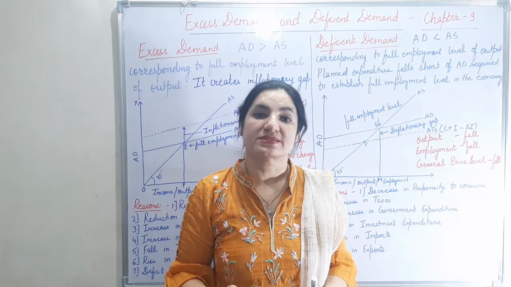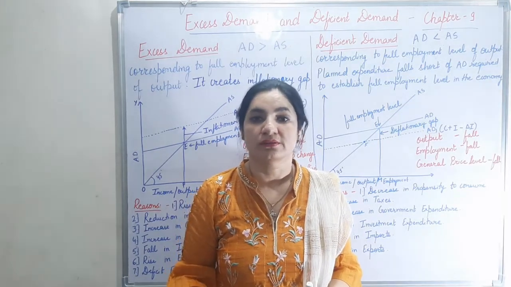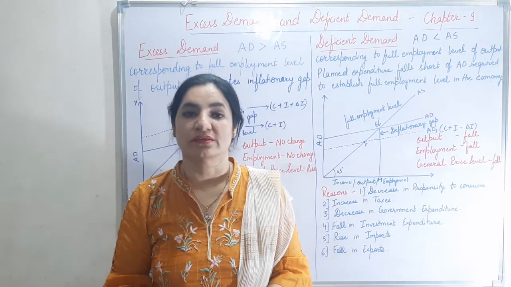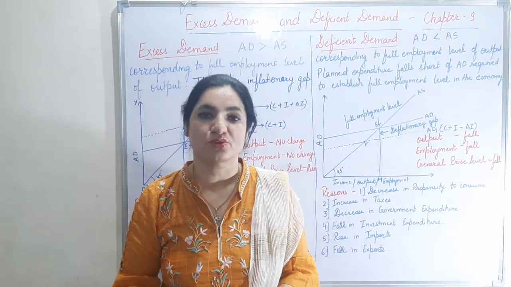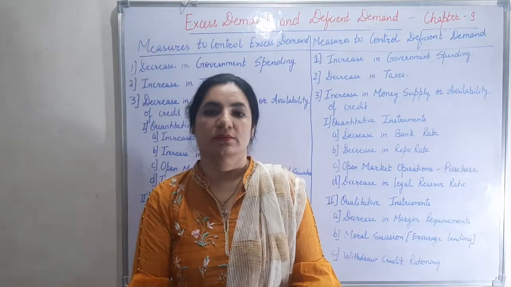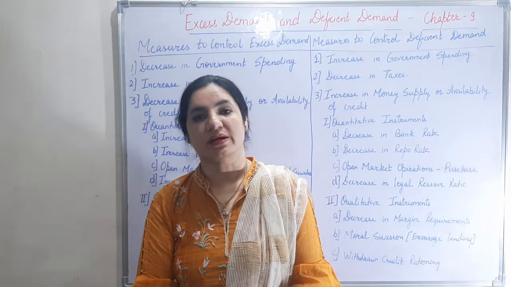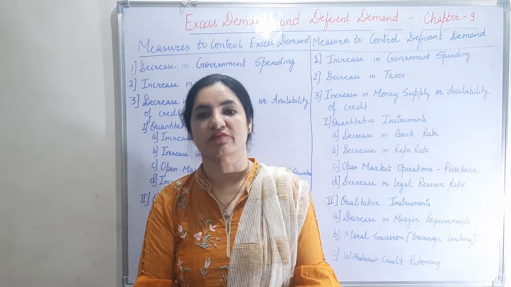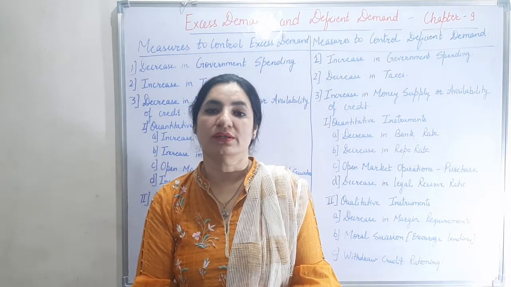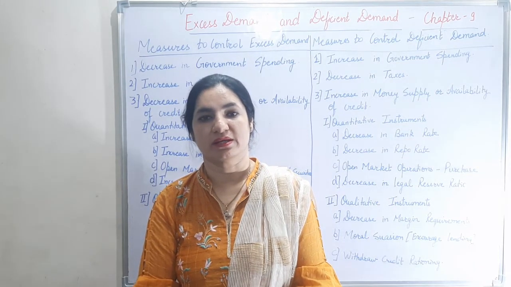Now let us see how to control this excess demand and deficit demand in the economy. There are some measures to control. Let us discuss these measures. The problems of excess demand and deficient demand occur when the actual aggregate demand is not equal to the planned aggregate demand in the economy.